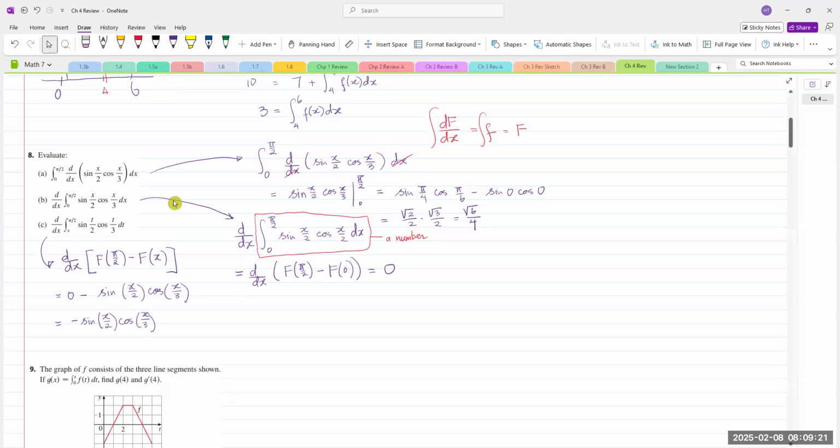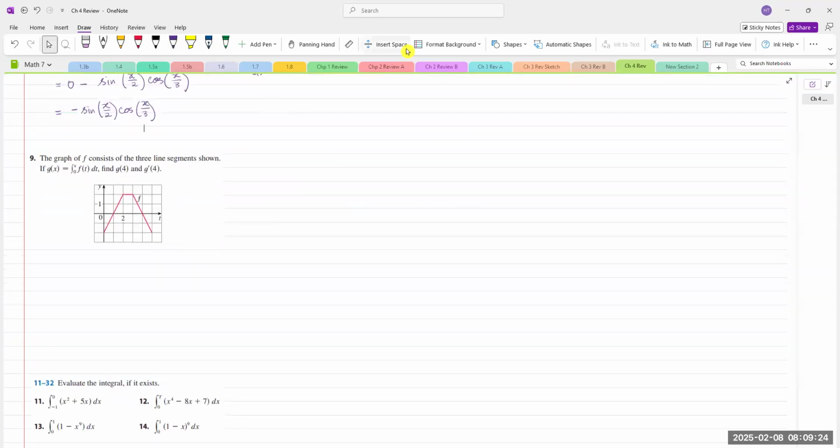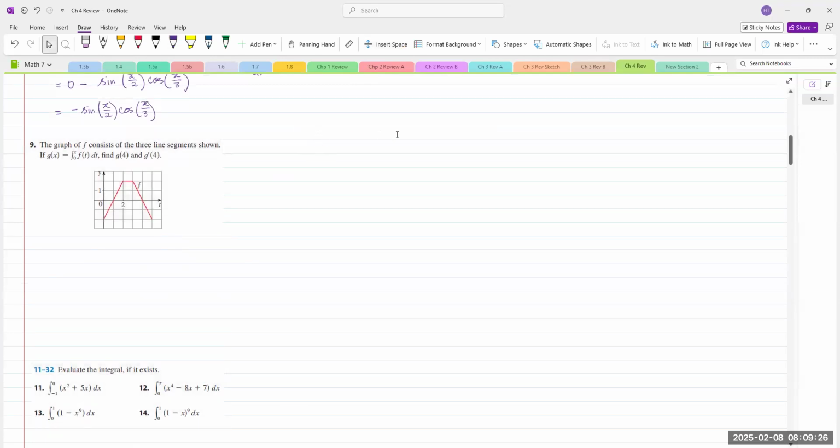Okay. Number 9, graph of f consists of 3 line segments shown, where g of x, so this is the graph of f. Now, what is g of x? g of x is defined to be integral from 0 to x of f(t) dt. Okay. So what is g(4)? g(4) is integral from 0 to 4 of f(t) dt. That's the area from 0 to 4.